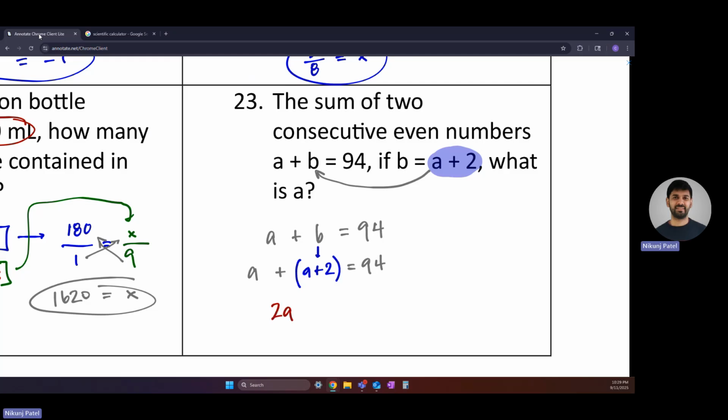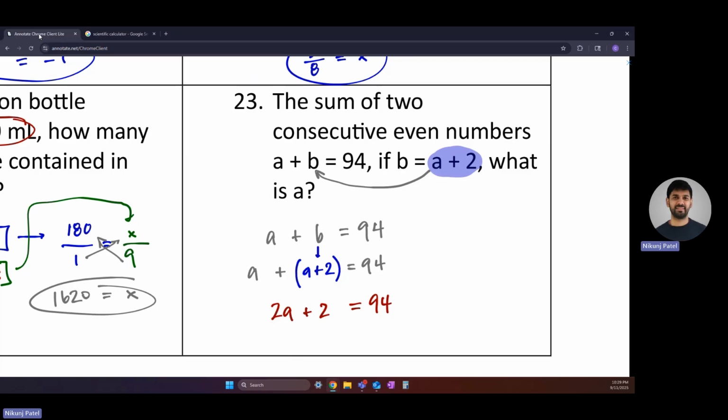So that's going to be 2a plus 2 equals 94. So what I just did right there was I just combined these two. I put parentheses there because I'm just showing you that all of this replaced what was originally before there with the b. But we don't really need to multiply anything because there's no other number up here. So I can just think of it as a plus 2. Well, a plus a is 2a if I combine like terms.